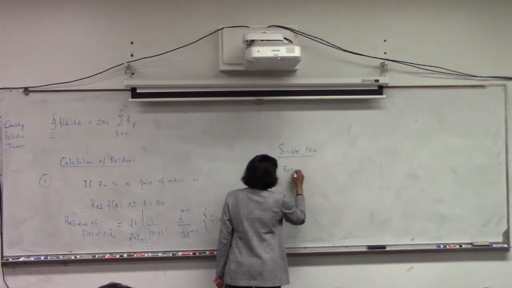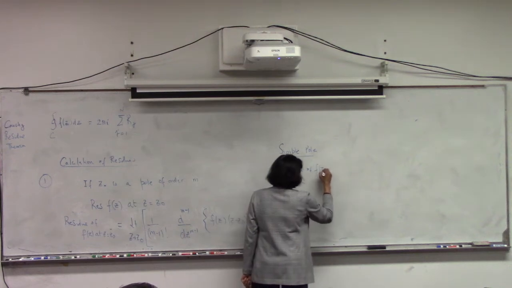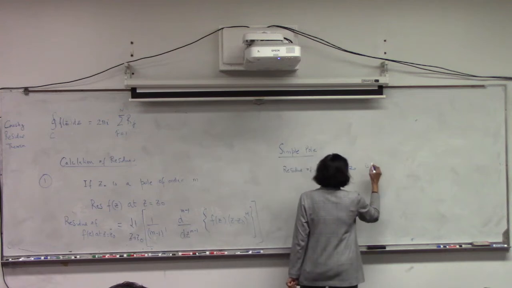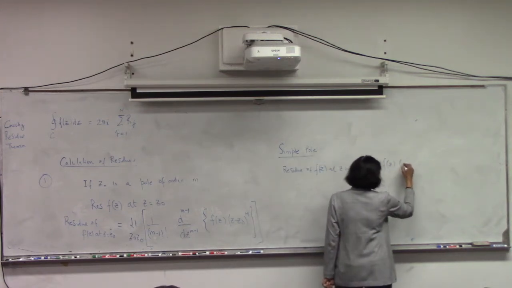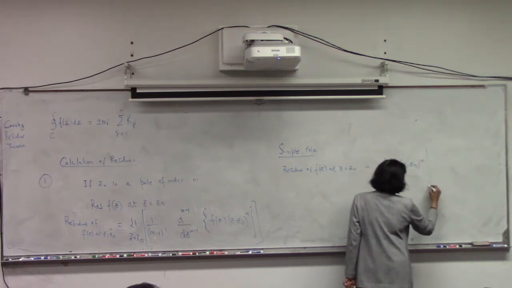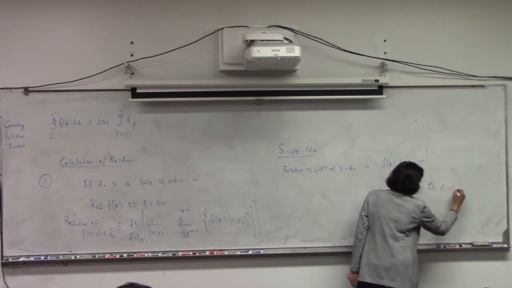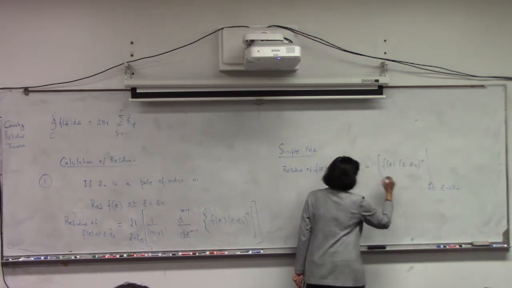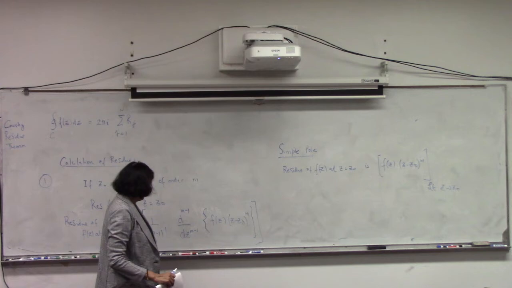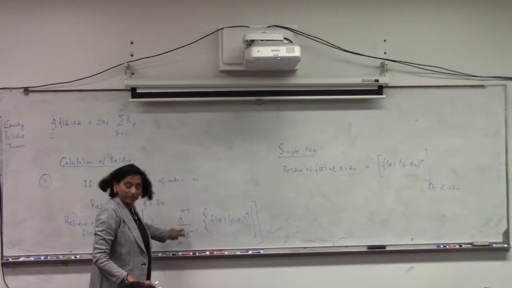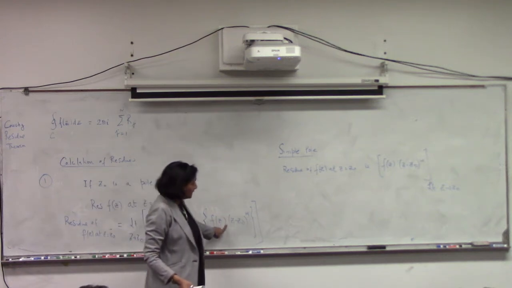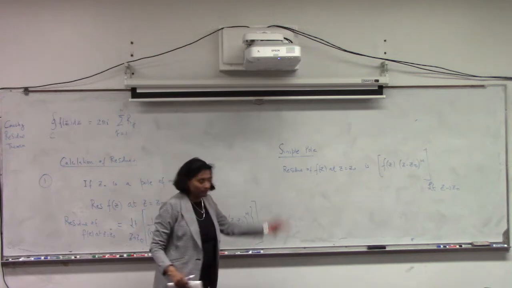The residue is nothing but calculating this quantity in the limit z going to z naught. Everything has to be evaluated in that limit, right? Because you don't have to take the derivative if n equals 1. So f of z times z minus z naught, and then calculate it.